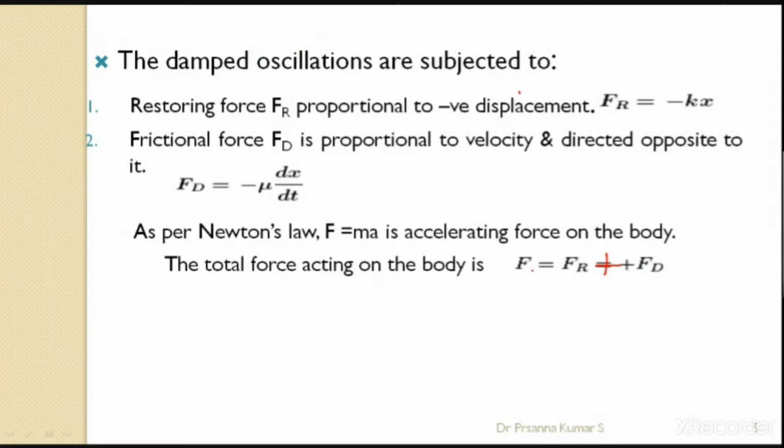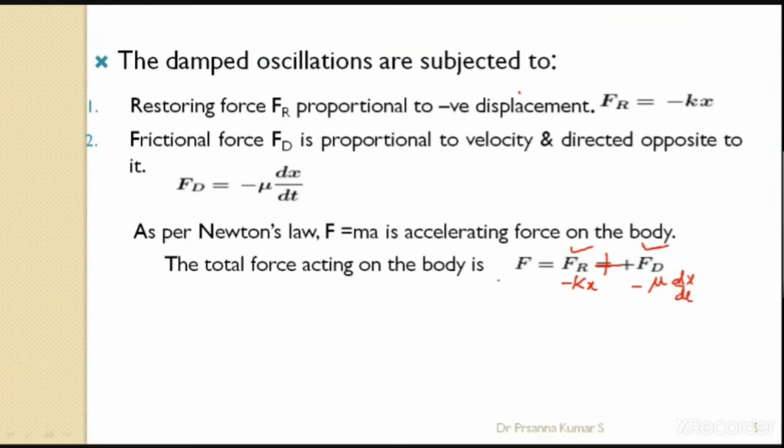Okay, total force is F, where Fr is due to the restoring force, and Fd is the resistive force. Both are negative. This is minus kx, and this is minus mu dx by dt.